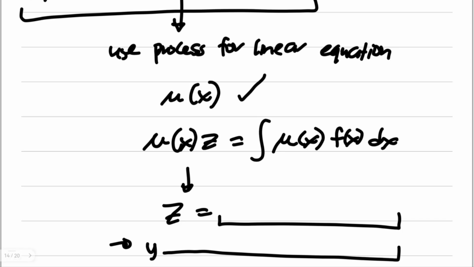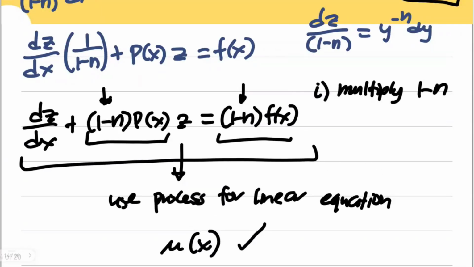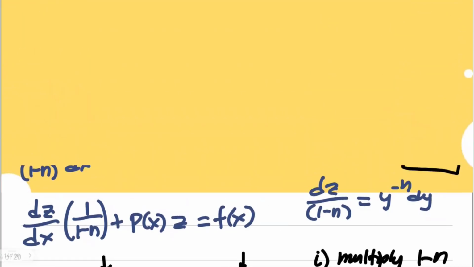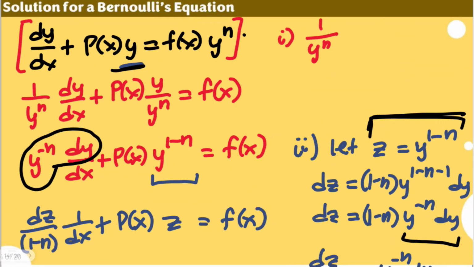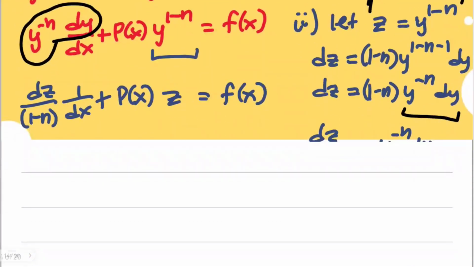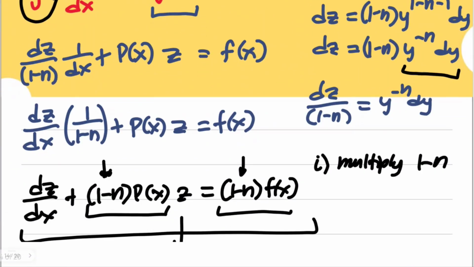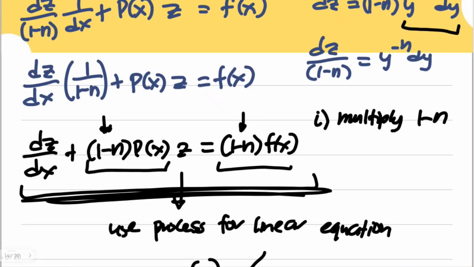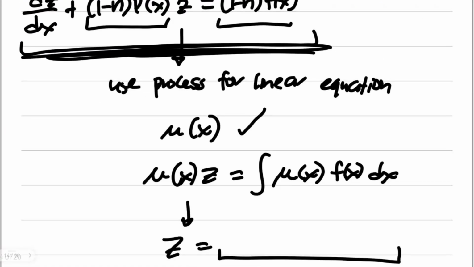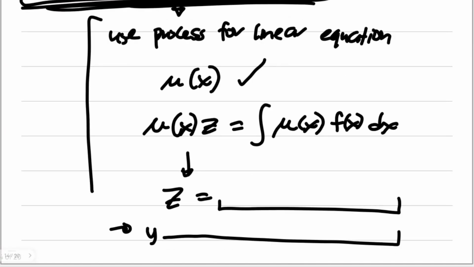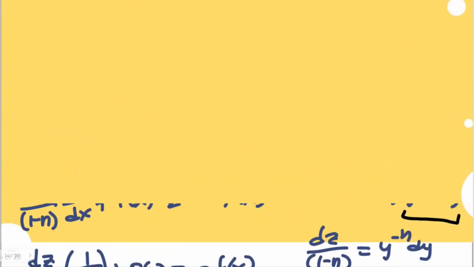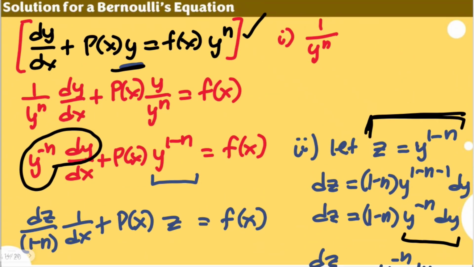We will have examples on solving Bernoulli's equation using this process, but my point here is that from a Bernoulli equation, transform it into an equivalent linear equation so that you can duplicate the process of linear equation, then solve the equation with respect to z, but then again you will be returning to y, because z is not in the given but it is y, just represented by this z.